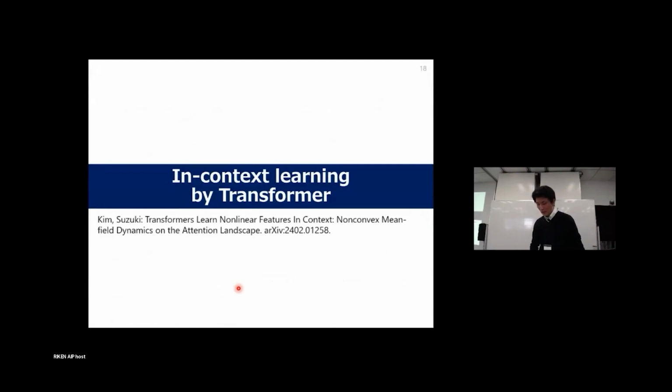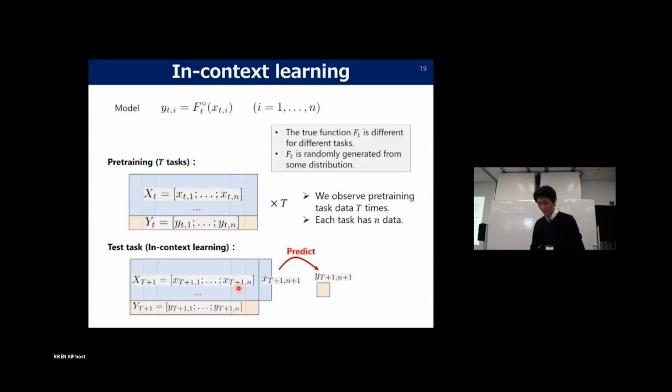Finally, I want to briefly explain feature learning and in-context learning in the last few minutes. So what is in-context learning? In in-context learning, we have a pre-training phase, and after that there is a test task.